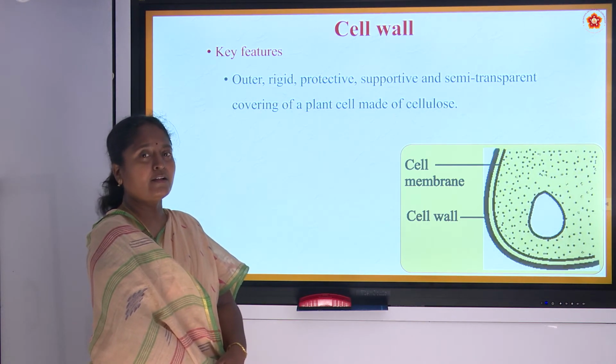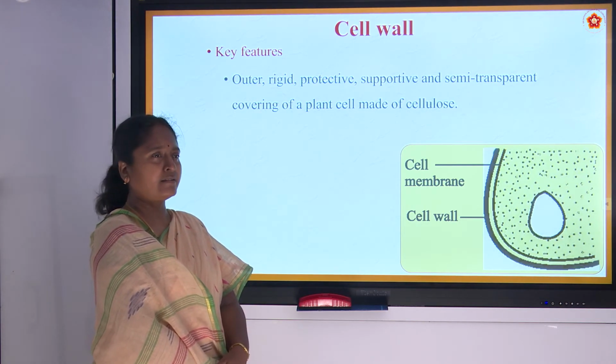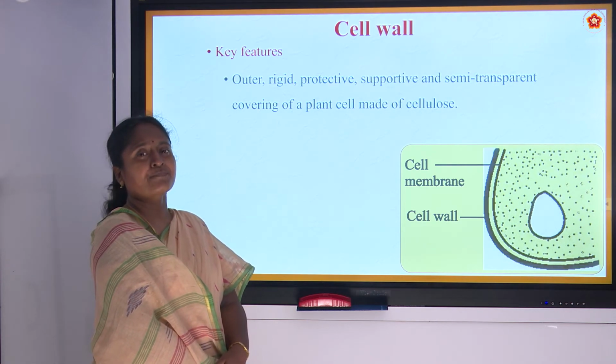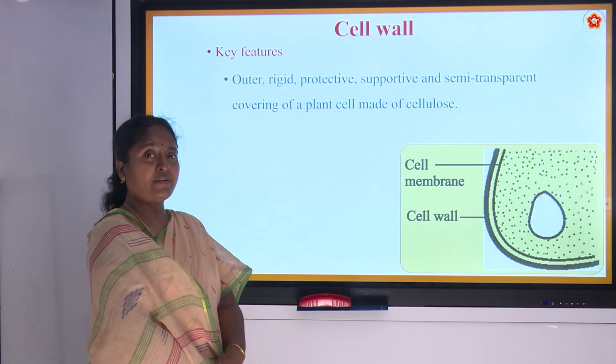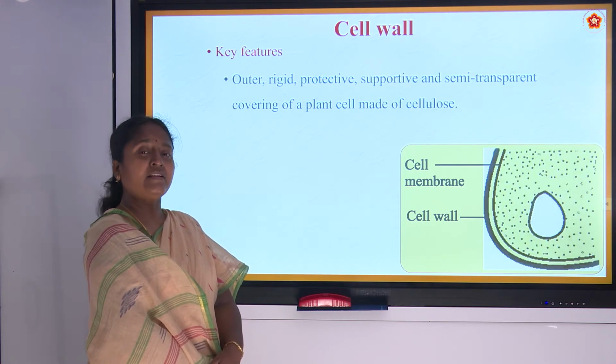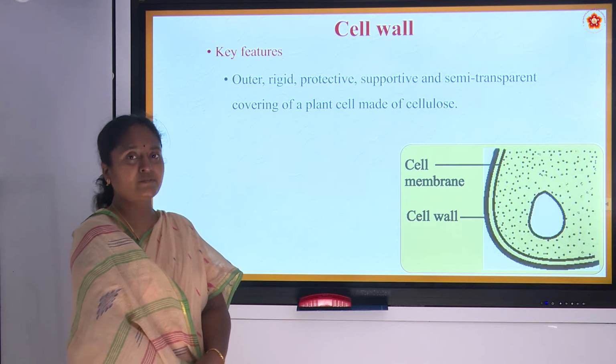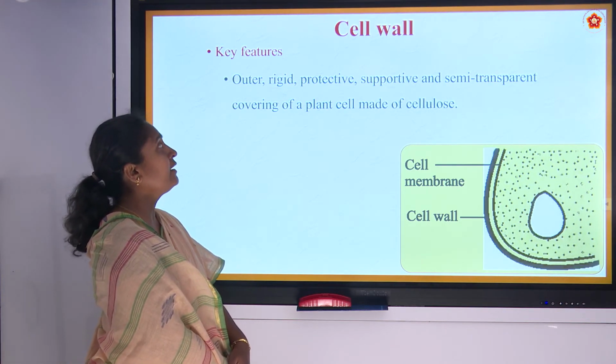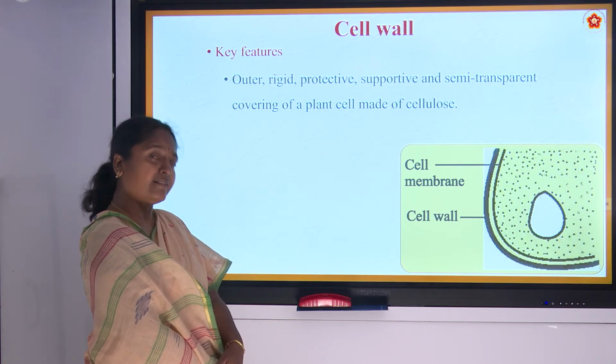Plants are present in an open environment, right. Sun is coming and so many other disturbances, temperature and rain, everything will affect, right. The wind, everything will affect the plant. So the plant needs some strength, right. For that, it has a protective cell wall present in the cell.